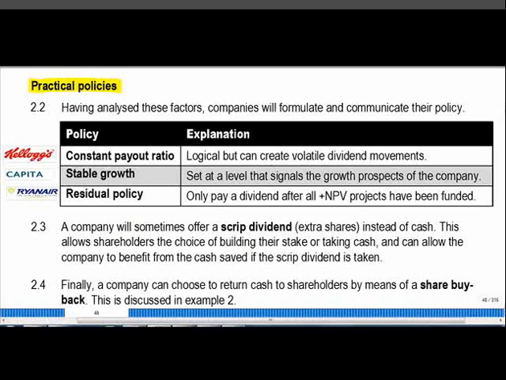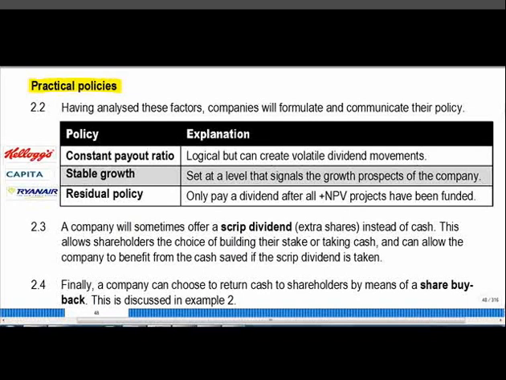However, it has indicated that in the near future, as its investment slows down, it will start to pay reasonably generous levels of dividends. And this is an example of something called residual policy. We'll talk a little bit later in the chapter about which of these policies might be most appropriate. But in the exam, you can justify any of them if your logic is sound.